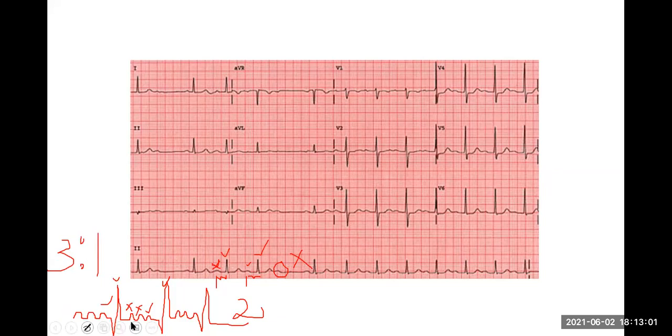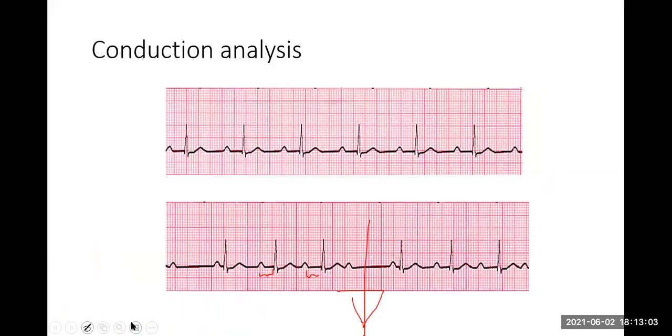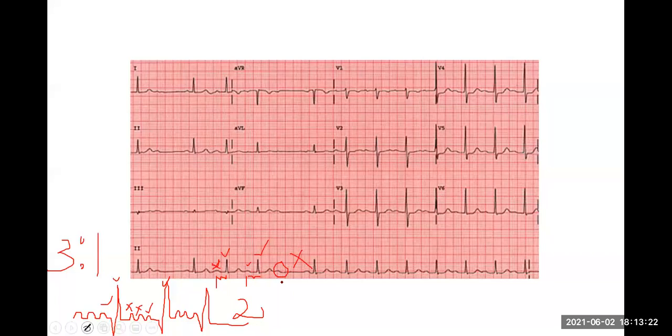So in AV nodal blocks, first degree block, by definition, all P waves go. Second degree block, some P waves go, some P waves don't. This goes, this goes, this doesn't go.